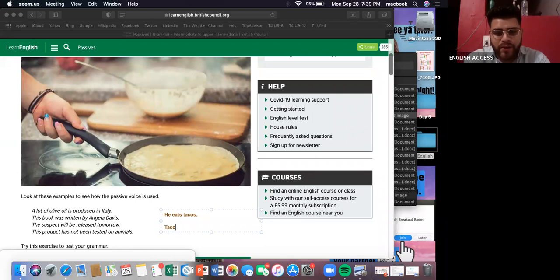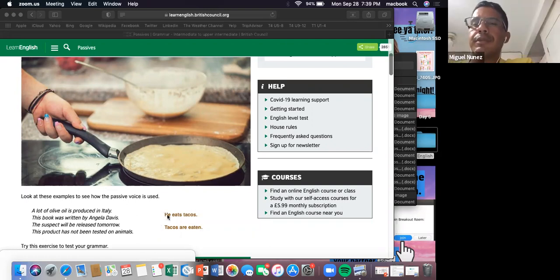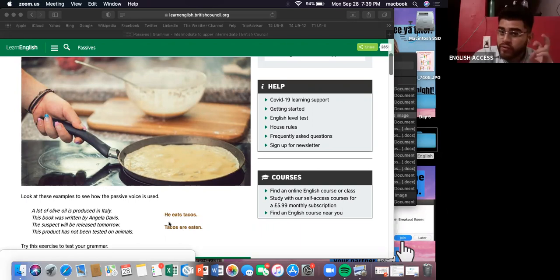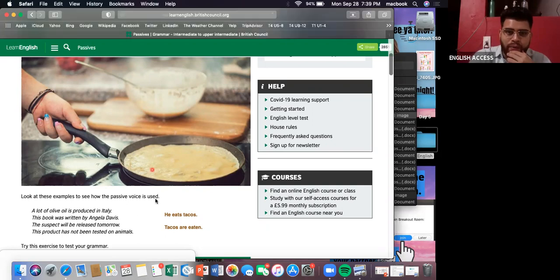And if I say tacos are eaten, then my focus is tacos. The first noun is usually the subject and it's the focus. The difference is that one of the subjects is active. That means it does the action. And the other one is passive. It receives the action. It does nothing, but it receives it.